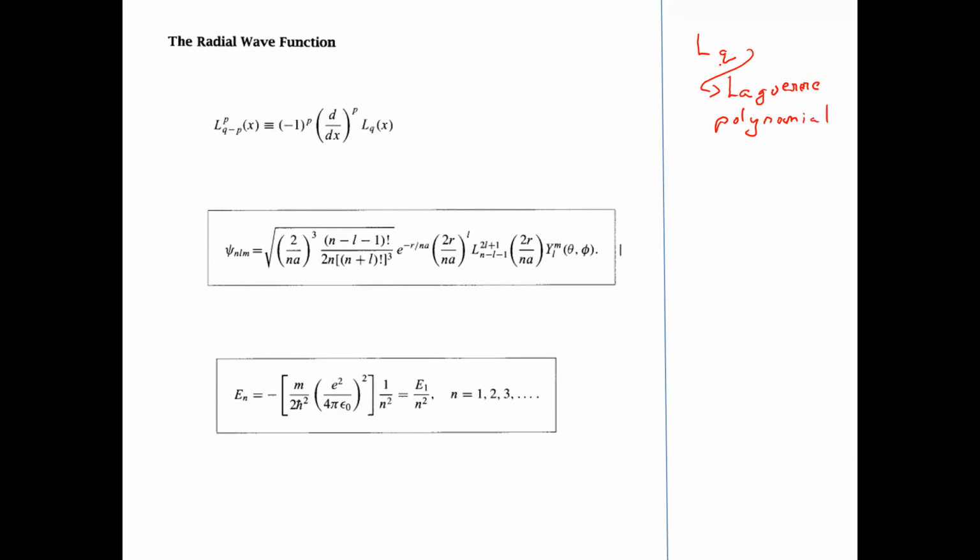Now you have a suffix q. What the suffix q means is that this can be generated using this equation.